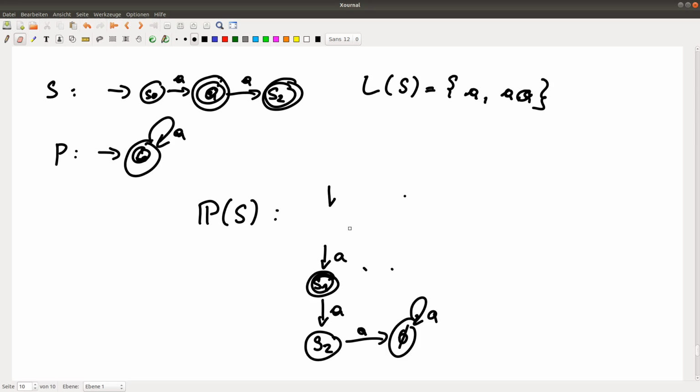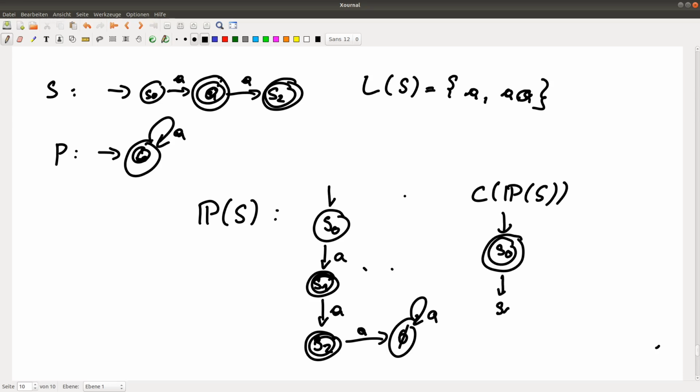S0 is not the final state, but S2 and S1 are the final states. So this is the power automaton of S. Now we need the complement of the power automaton of S. And this is simply, now S0 is a final state, then S1 is not a final state, S2 is not a final state, but the empty state becomes a final state.